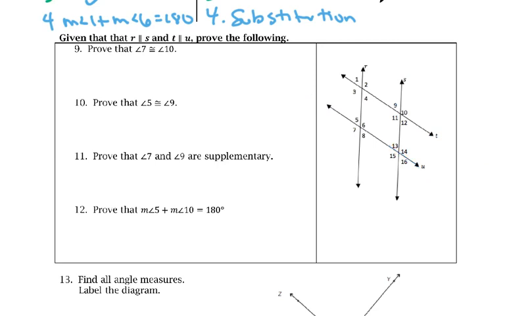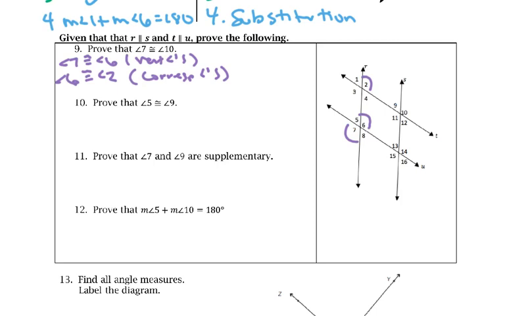And so I can say something like 7 is congruent to 6 because vertical angles. So I can say angle 7 is congruent to angle 6, and I'll put vertical angles. And then 6 is congruent to 2 because corresponding angles.